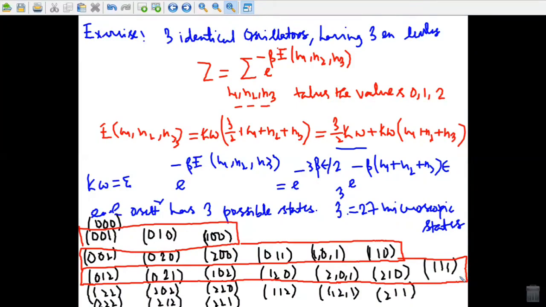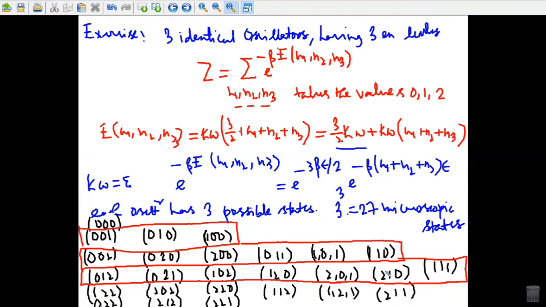Note that all the states that appear in the same row have the same energy. One can calculate this from n1 plus n2 plus n3 being 1 throughout, 2 throughout, 3 throughout, right?